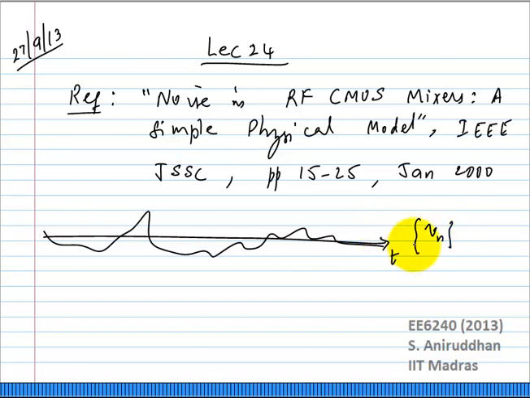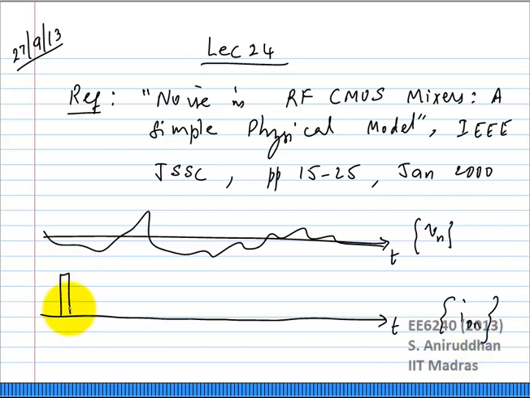This is Vn of t, and we said if you actually look at the output current noise, okay, what is it going to look like? It's going to look like a series of pulses of varying width. That's what we said.